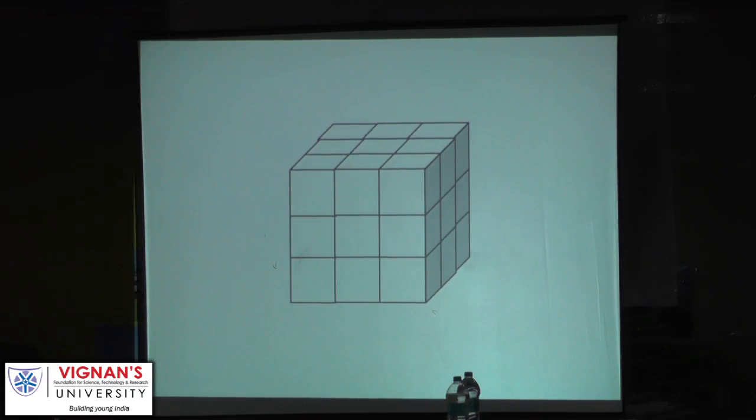Those are the inner cubes without any paint on the surface. So how do we generalize? N minus 2 whole cube. You can generalize because we are removing 2 layers in each dimension. So n minus 2 whole cube will give you the number of cubes without paint on their surface.